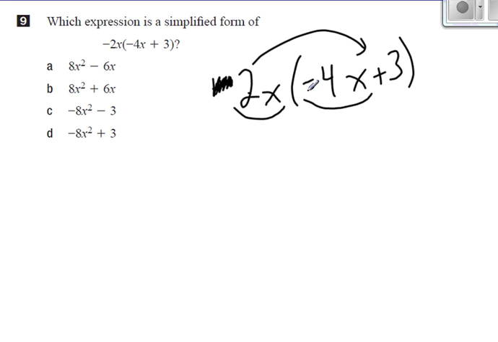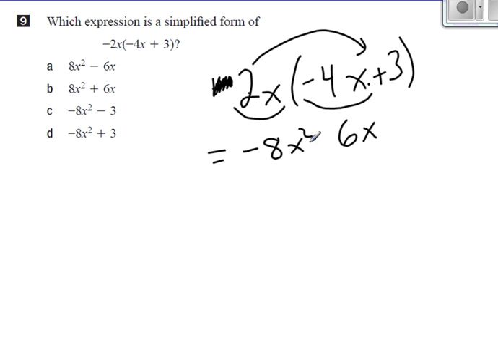So 2x times negative 4x. 2 times negative 4 is negative 8. x times x is x squared. Good. So now I have to do 2x times positive 3. 2 times 3 is 6. x, well, that's still x.